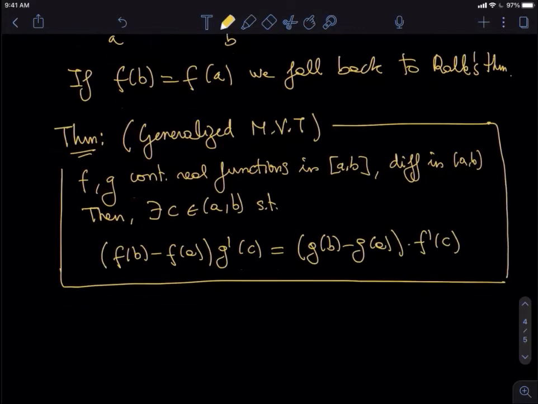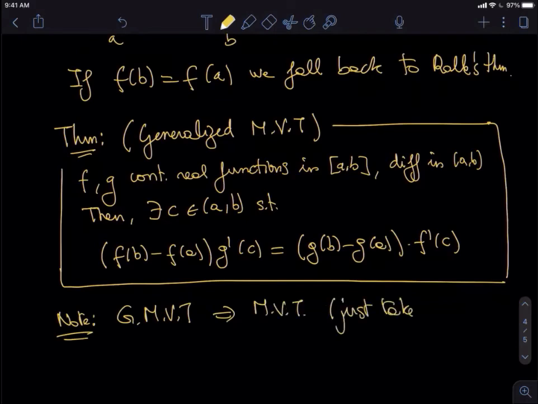Okay, now one note. The generalized mean value theorem implies the mean value theorem. We just need to take g of x equal to the identity, equal to x.